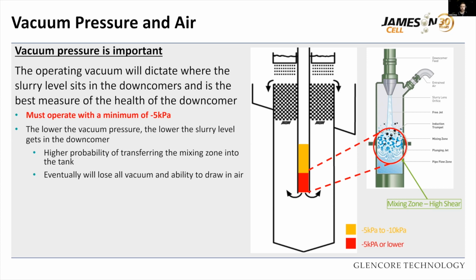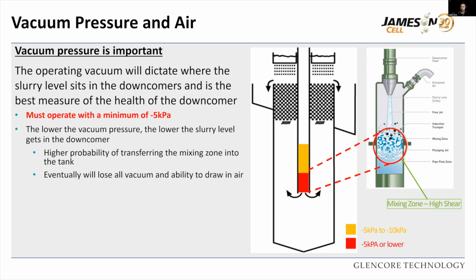And this can result in basically a transfer of the mixing zone from the downcomer into the tank. You obviously lose significant efficiency in bubble particle interaction when that occurs, but also you see turbulence in the tank and disruption on the froth surface level, which can obviously impact froth breakdown and those sort of things.